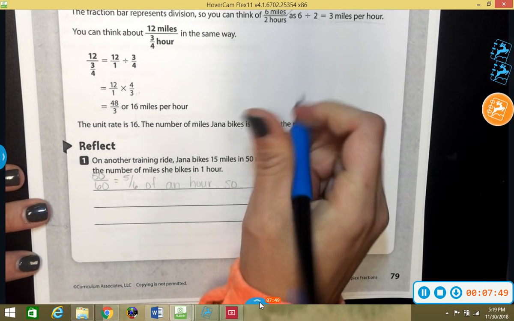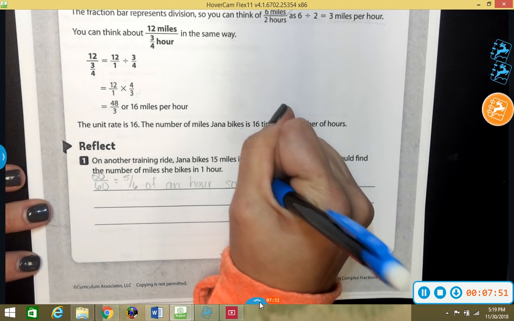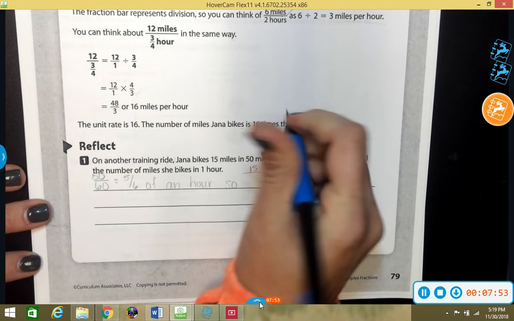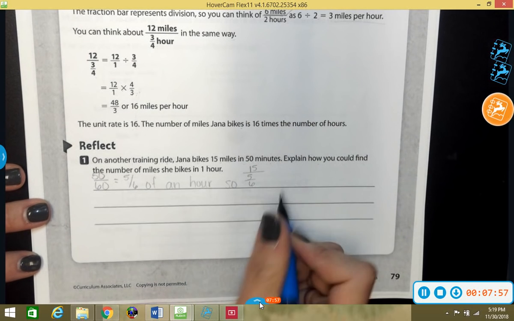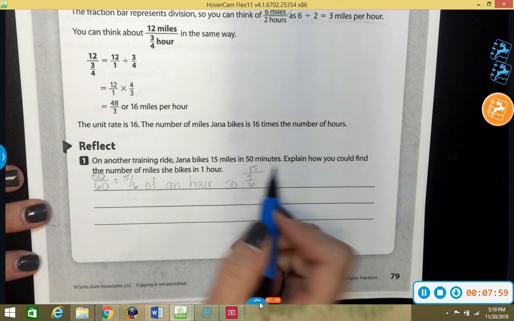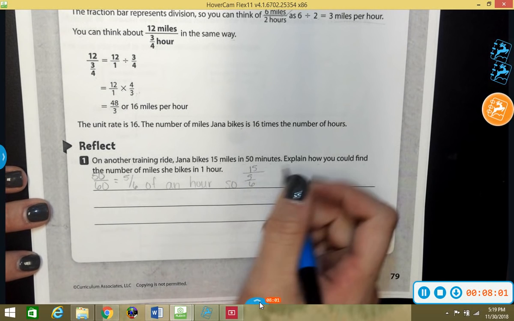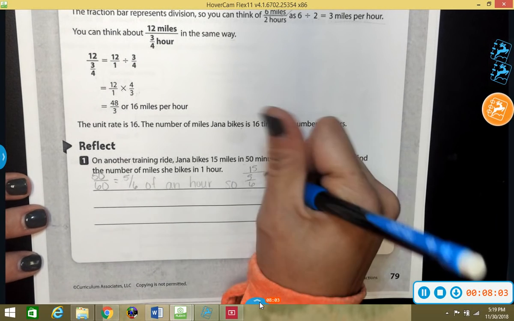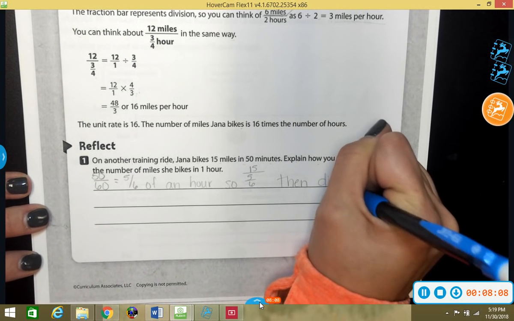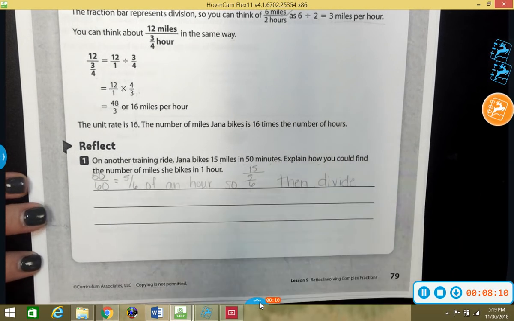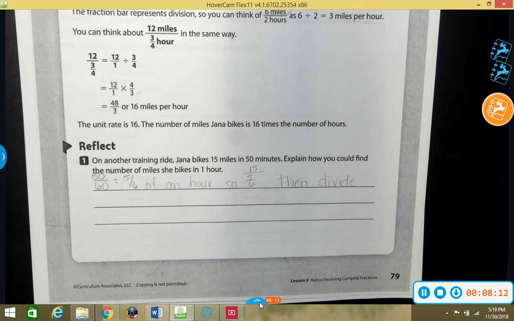So you would have 15 miles divided by 5/6 of the hour. This is a complex fraction, a fraction within a fraction. Once we get to this spot, we're going to divide. So then we divide. And again, you guys should have already dealt with dividing fractions.